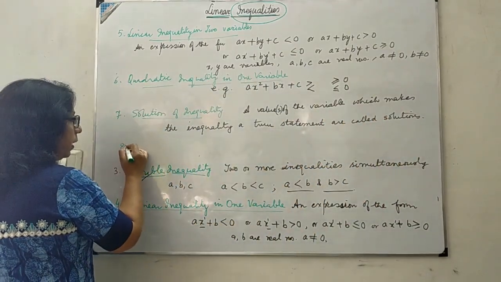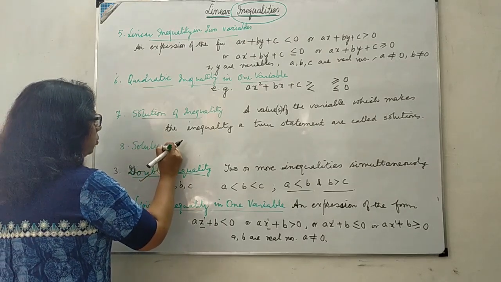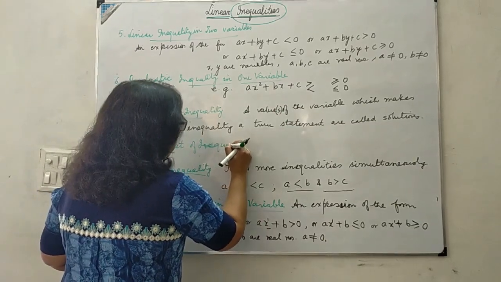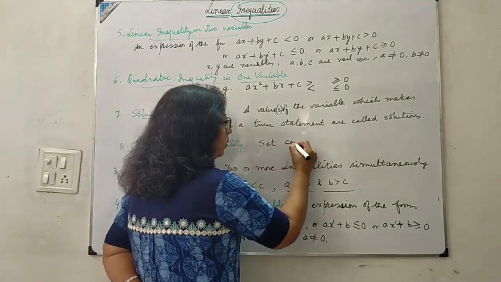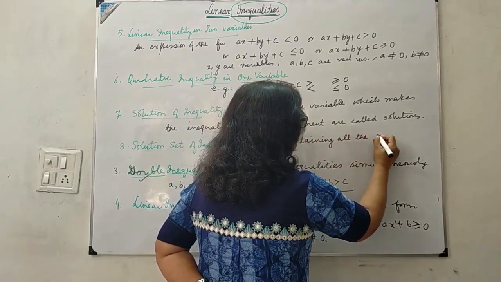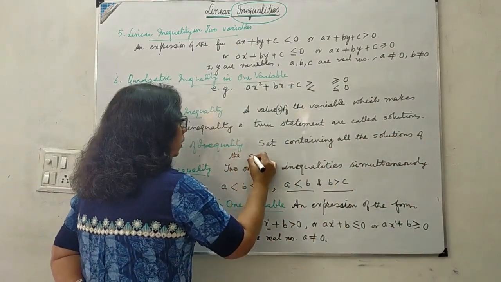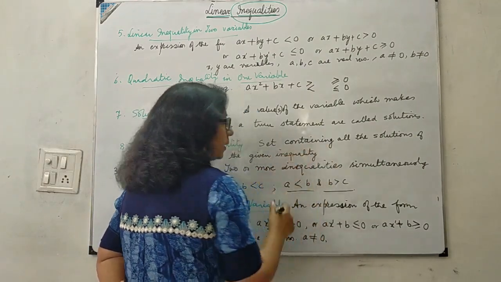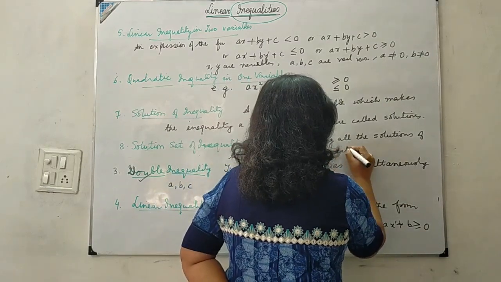And the last definition is the solution set of an inequality. What do we mean by solution set? This is the set containing all the solutions of the given inequality, and it is called the solution set. It can be written in set form.